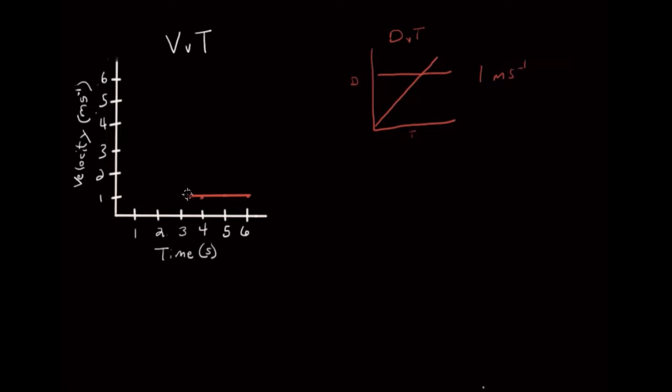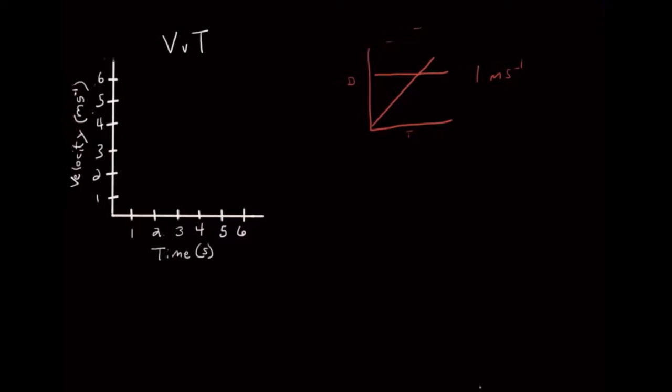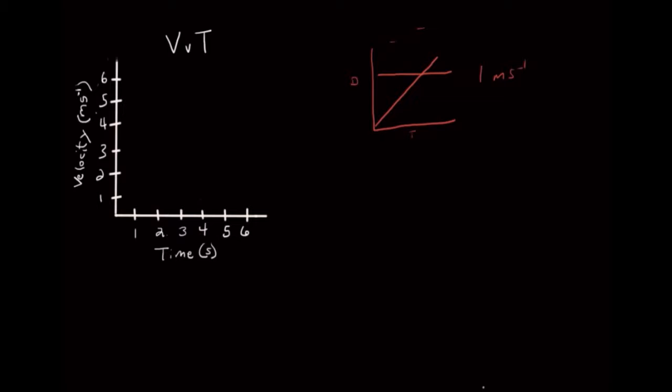Okay, so let's though have a slope on our line. We are not going a constant velocity. Let's say our velocity is increasing.